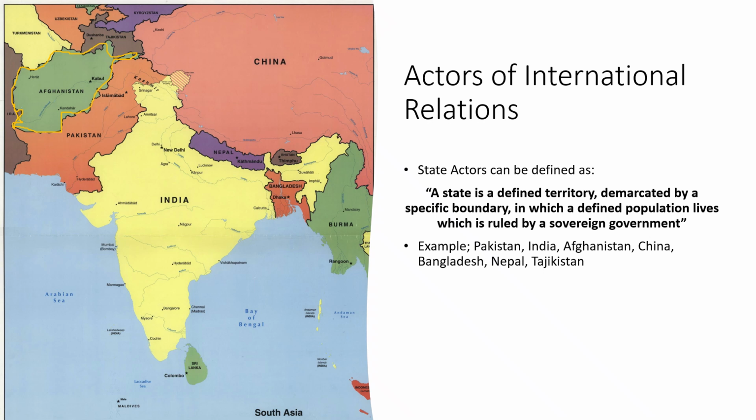And in this territory lives a population, okay? The people of Afghanistan, Afghan people. And we know that the people of Afghanistan are ruled by a sovereign government, the government of the Afghan Taliban. The Afghan Taliban set up their government in August of 2021. So yes, we can call Afghanistan a state actor.